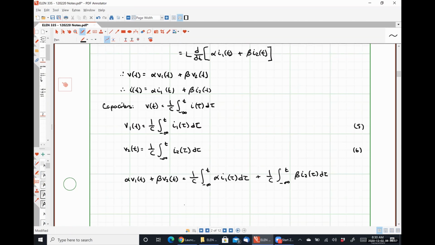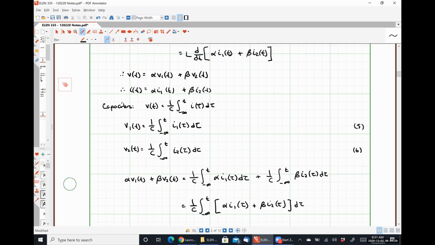And I can effectively group like terms again, and I'll have 1 over C times the integral of alpha I1 plus beta I2. Is there anything wrong with that mathematical operation? Instead of taking the integral of each individual scaled signal, I'm taking the integral of the sum of the scaled signals. Anything wrong with that?